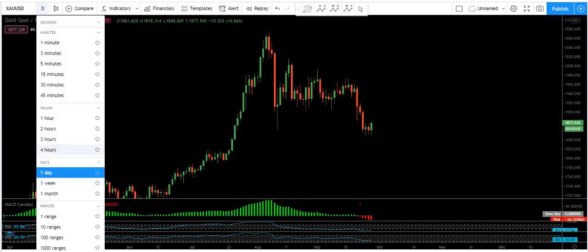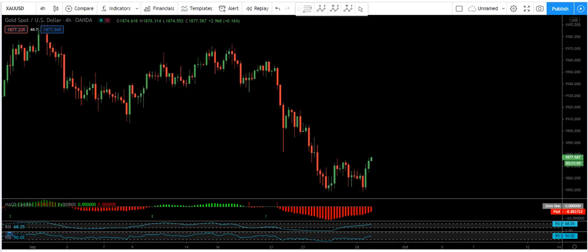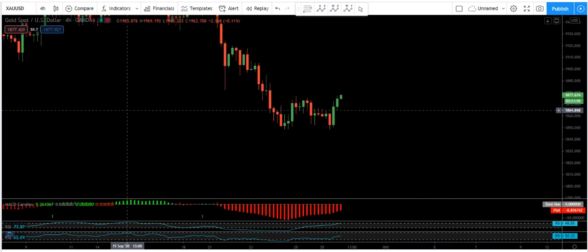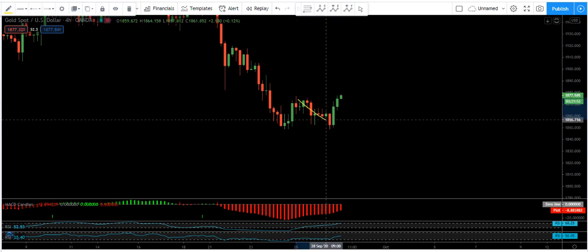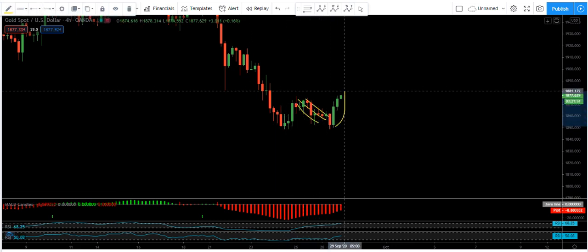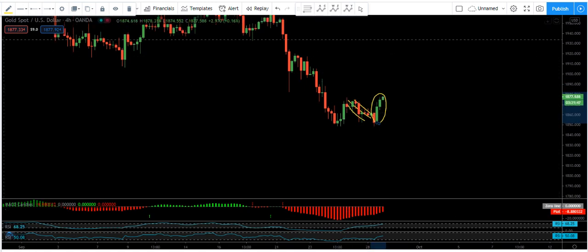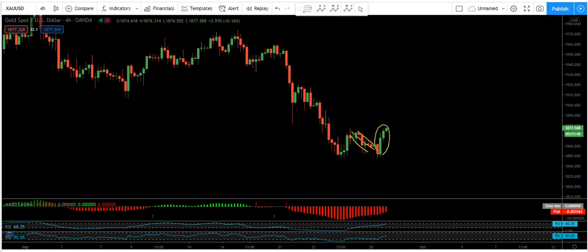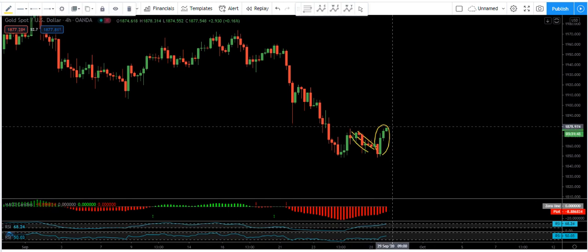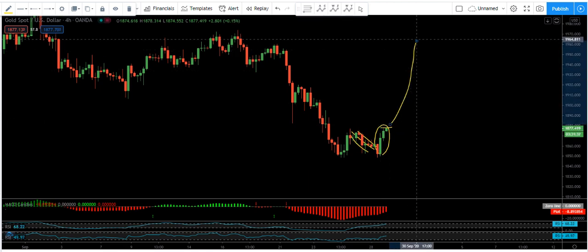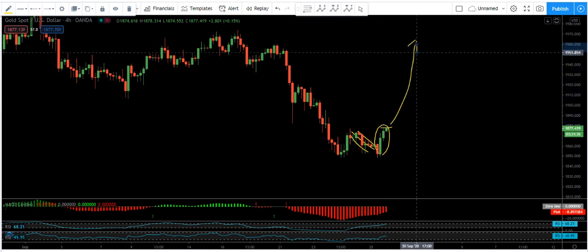Right now we move to the four-hour chart. Based on the four-hour chart, the only trade for today was the breakout of this. For those traders who have this trade, at least they should move their stop loss to break even. If based on the first and second options the price from here continues and goes, they are in trade.